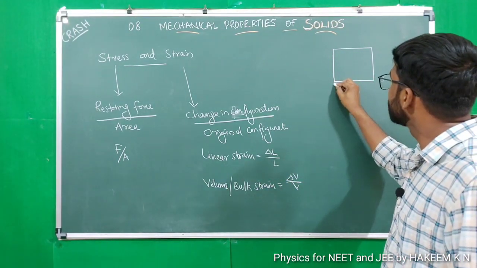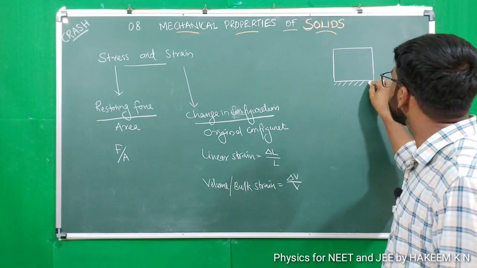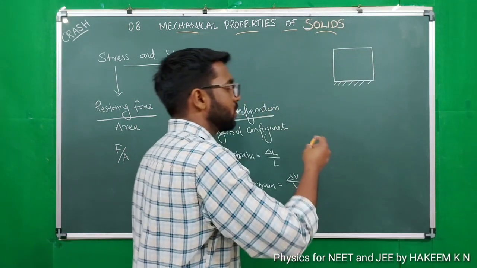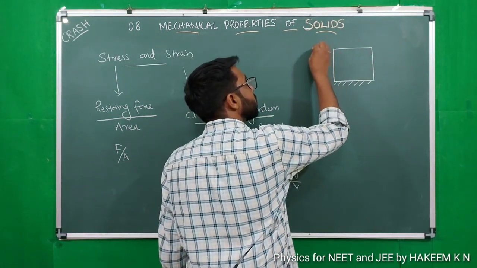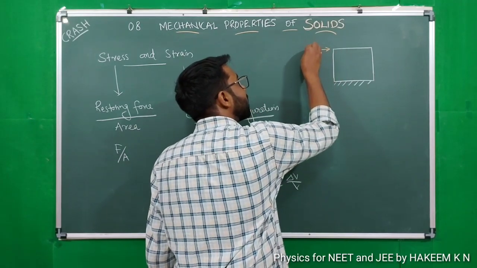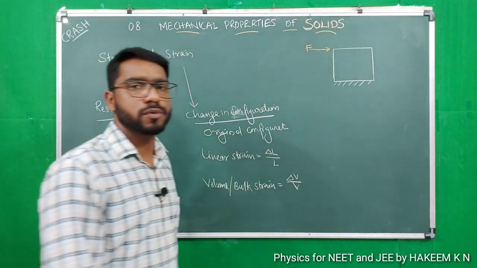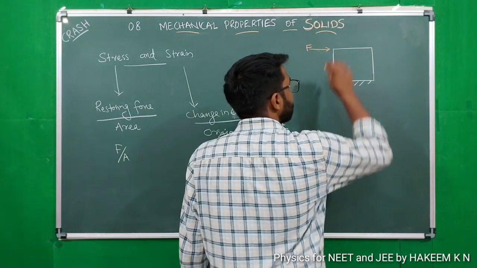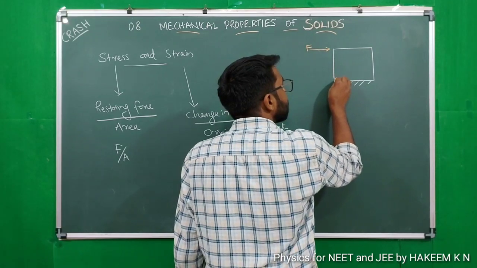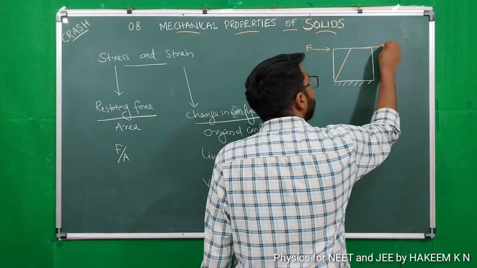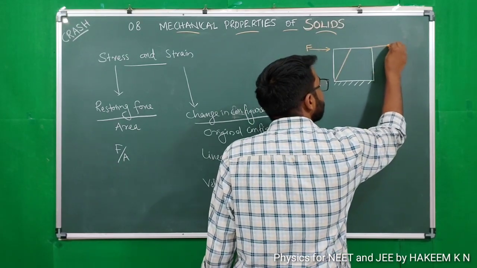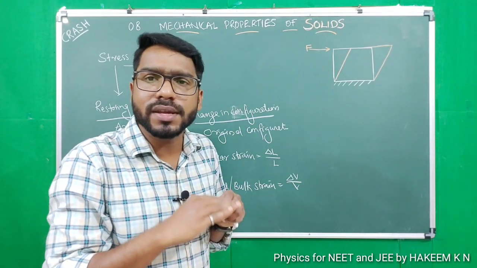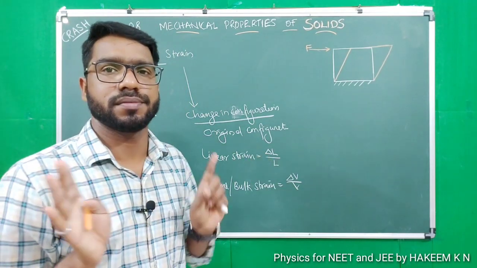A block whose one side is fixed and the opposite side gets a tangential force. Then the upper part of the body displaces, but the lower part remains at the same position.